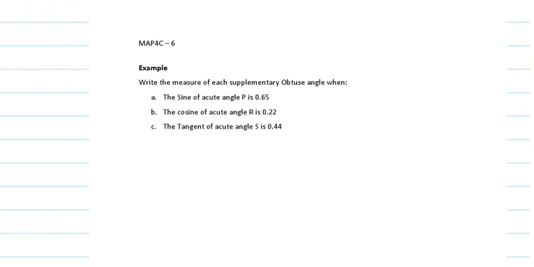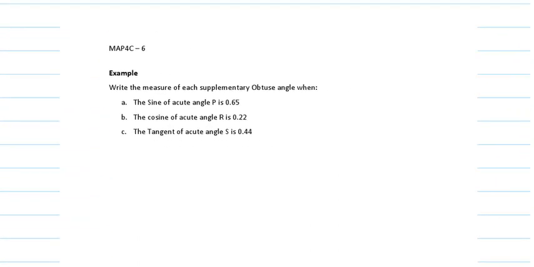So my answer should be greater than 90 degrees, right? The question is saying that the sine of the acute angle P, so sine P, is 0.65. How can I find angle P?